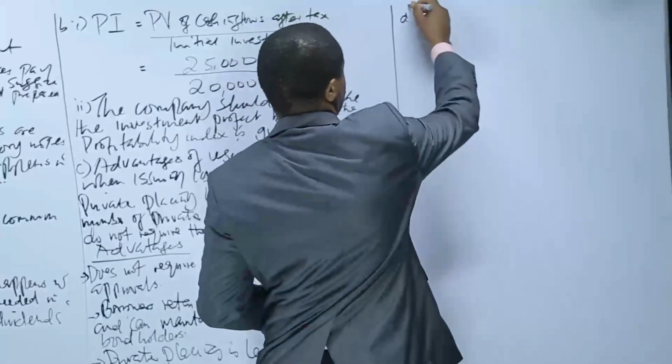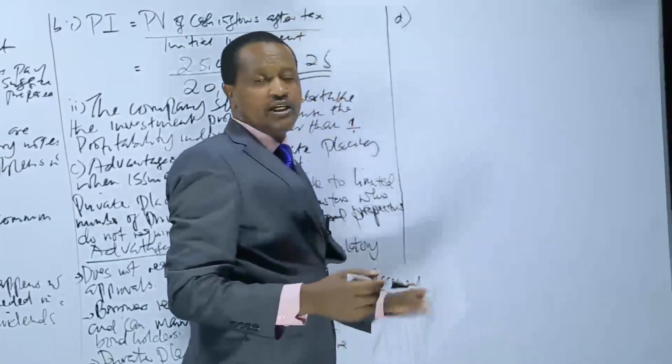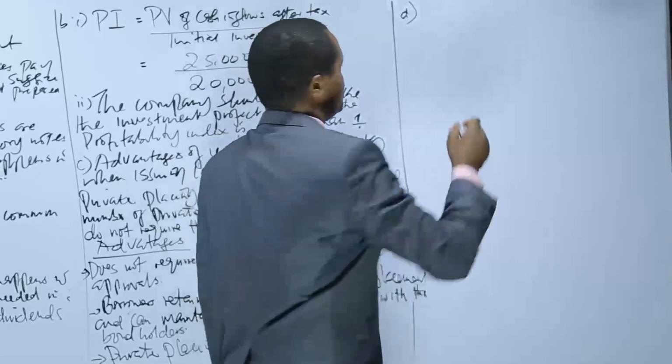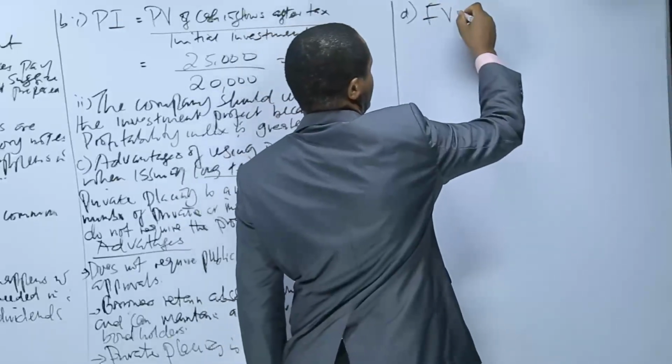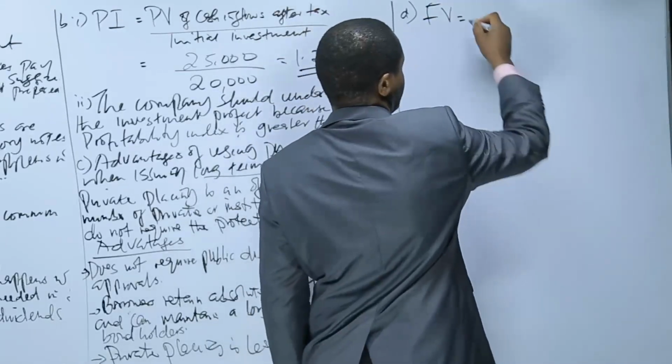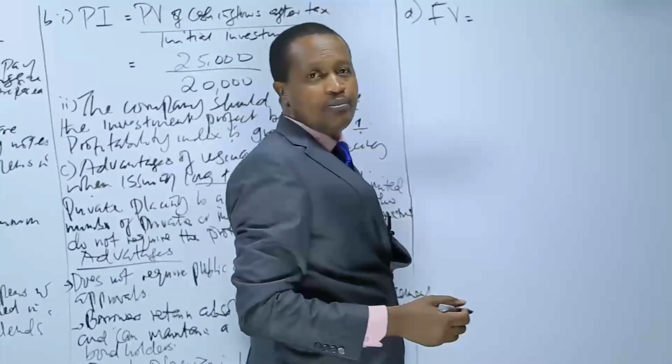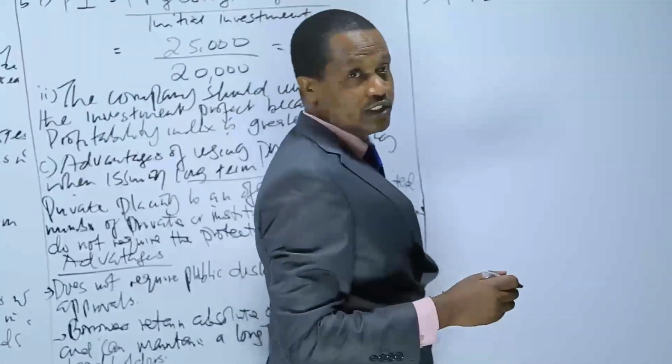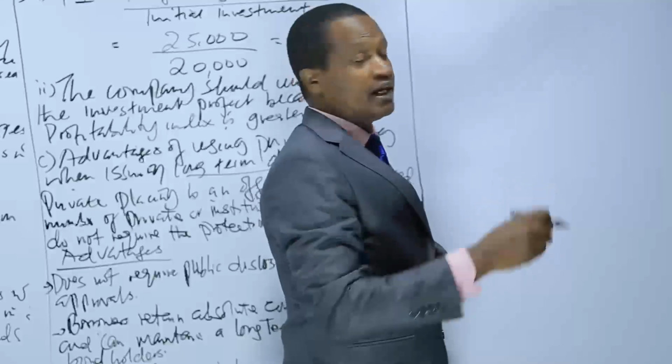Before I answer this question, candidate, when calculating future value of cash flows that are compounded more than once, we call it multi-period compounding.